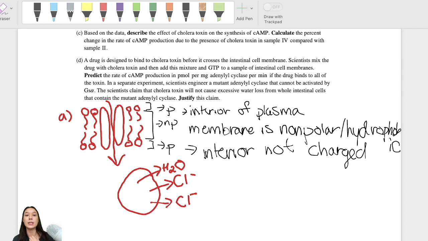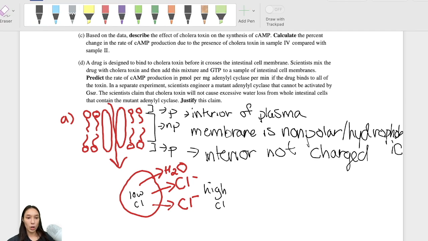So in this case, chloride is rushing out of the cell. That means that the inside of the cell is less concentrated and the outside of the cell is more concentrated, because you're pumping chloride to the outside of the cell. So now you have low Cl inside your cell, and high Cl on the outside.